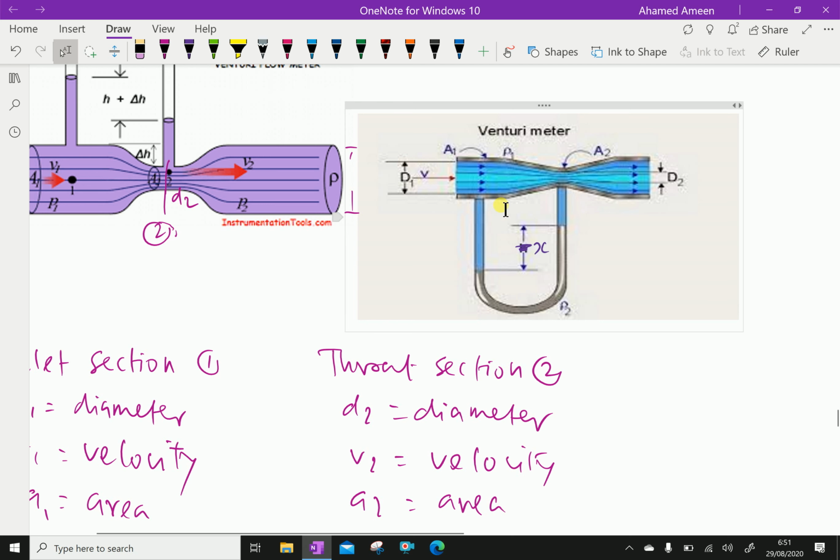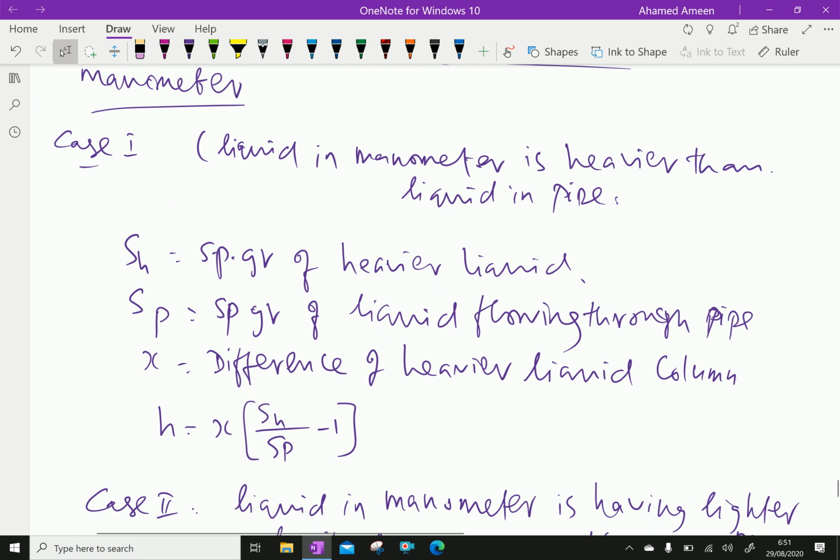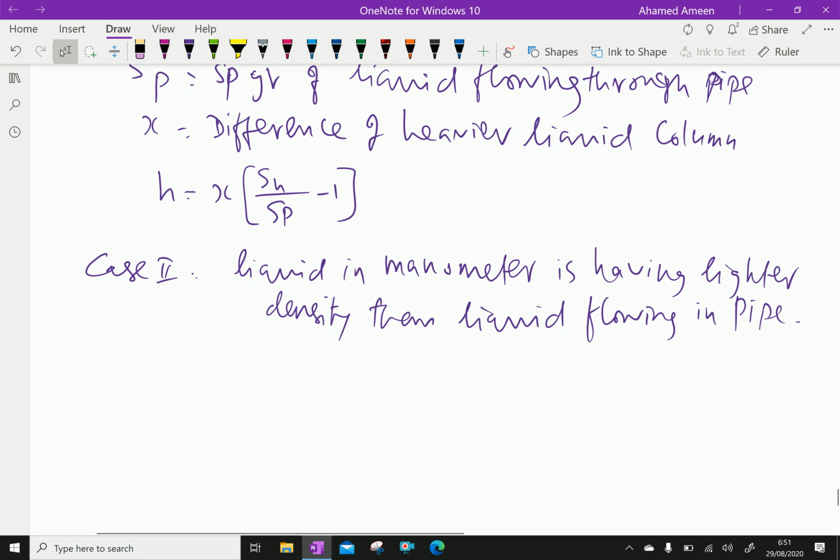That means this U-tube comes in the upper position. For that case, the same H is expressed as X into 1 minus SH over SP, because here the heavier liquid is the one passing through the pipe.